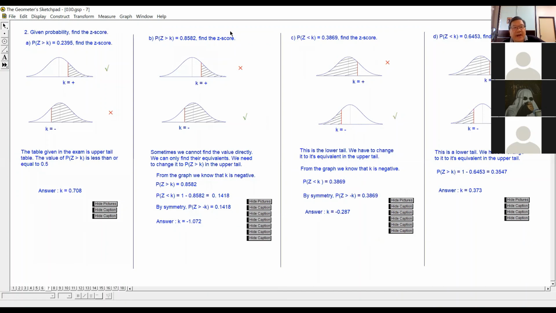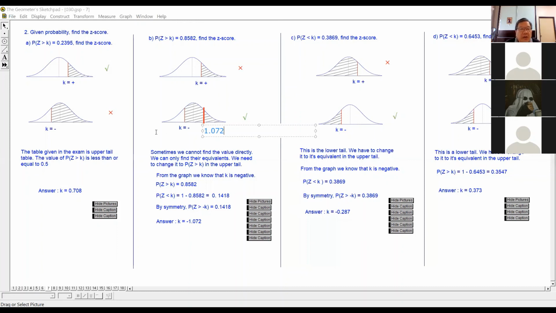Now, as I've explained earlier, what we have found is this one. This number is 1.072. But we do not want this number here, because our number actually is on the left-hand side of the center.